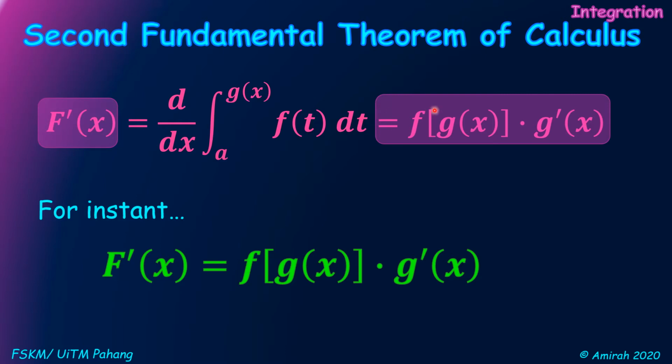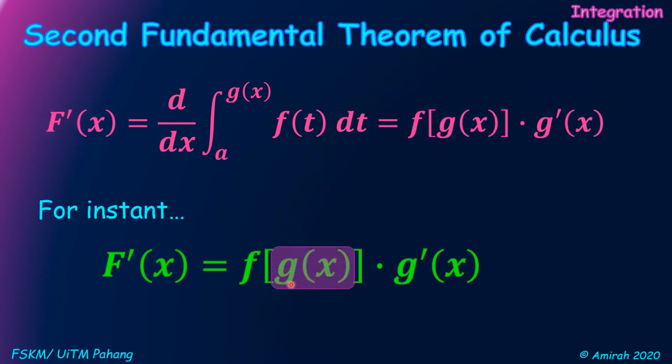F prime x equals this one, right? g(x) here is the upper limit. f(g(x)) means we refer to f(t) and replace t by g(x). So this is the theorem under the second fundamental theorem of calculus.